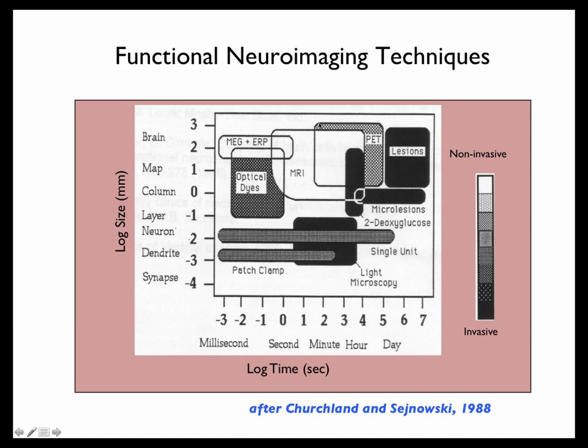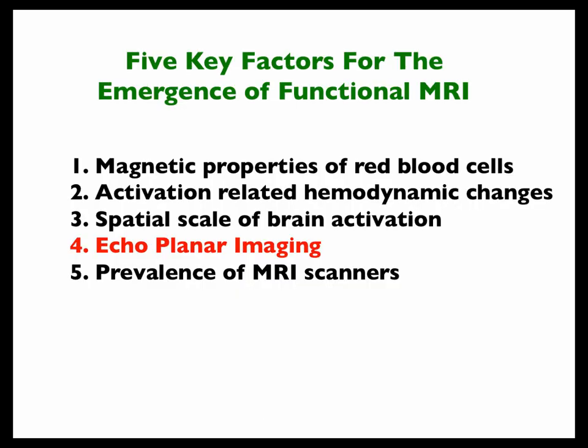With PET, you can certainly cover a large chunk of systems level organization, but it's not as high resolution, both in space and time, as MRI, and it's also invasive. And all the other techniques are basically techniques where you have to kill the animal to see the function. So fMRI came along at just the right time to fill this large gap of systems level organization that we hadn't had filled before with PET and other techniques.